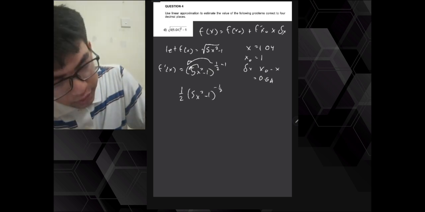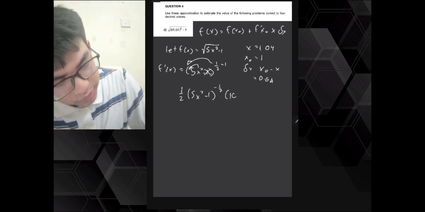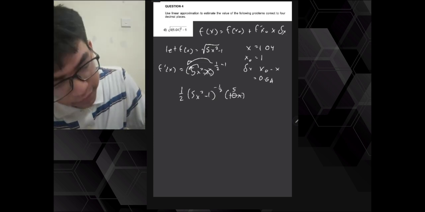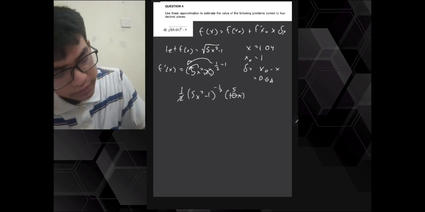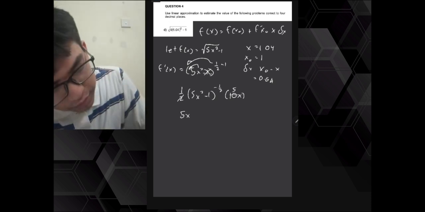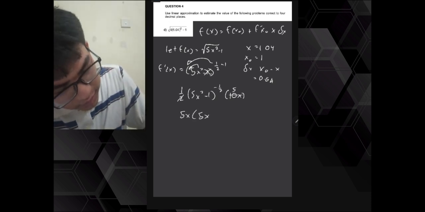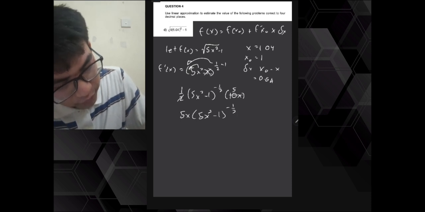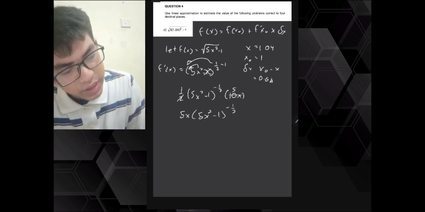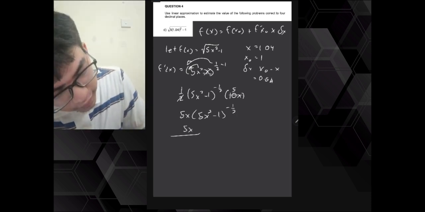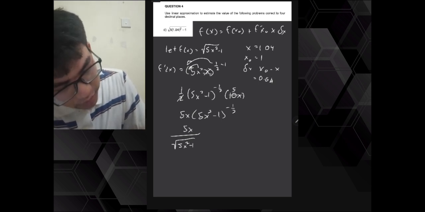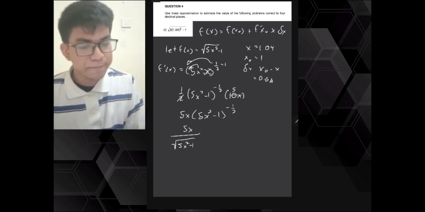The 1, because it doesn't have any x, will be cancelled, so we will get 10x. Now this 10x will become 5x after dividing it by 2. So after that we'll get 5x times 5x squared minus 1 to the power of negative 1 over 2, which is actually 5x over the square root of 5x squared minus 1.